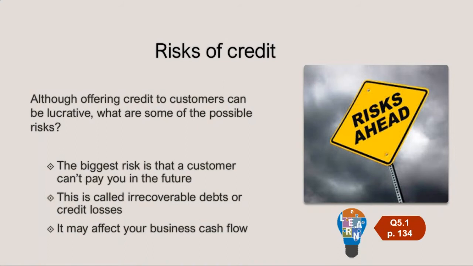Then we write off that debtors account. And when we write it off to zero, we call that irrecoverable debts or credit losses. Okay, or bad debts. That is when we take an account and we reduce it to a zero balance.